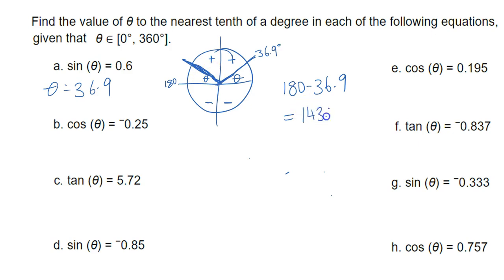That's 143.1. So sine of theta is 0.6: theta could be 36.9 degrees, or it could be 143.1 degrees. It can go either way.